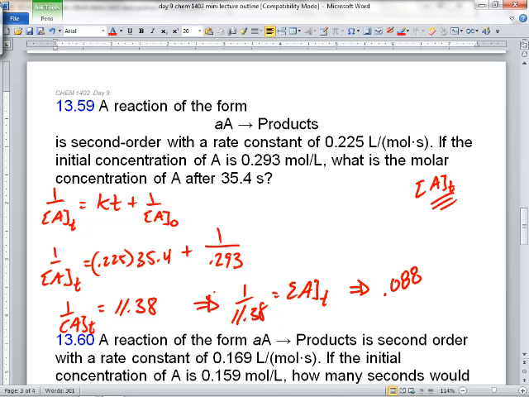You can do it multiple ways, however you're most comfortable. I'm most comfortable taking 0.293, shift 1 over x, and I get 1.12, all right? But if you're not sure how to do it, just take 1 divided by 0.293 plus 0.225 times 35.4.